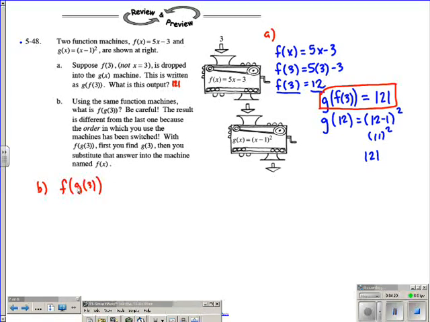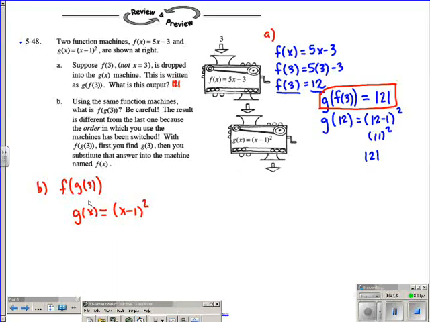g of 3, remember, is an output. Let's make sure that we know what our g of x is. g of x is the quantity x minus 1 squared.